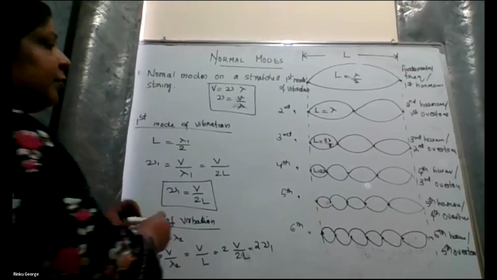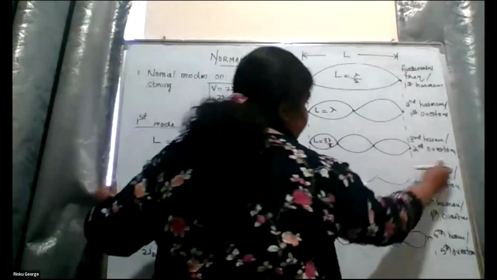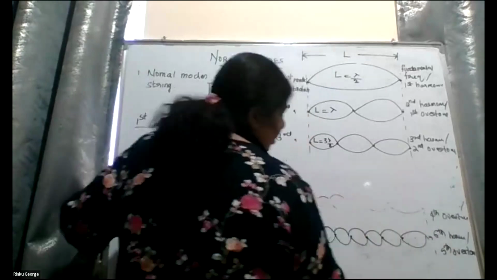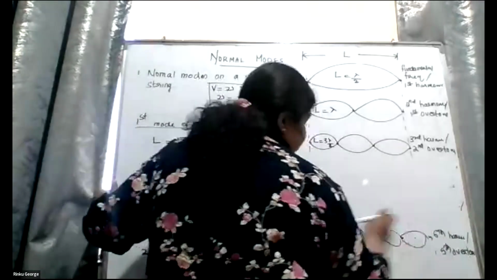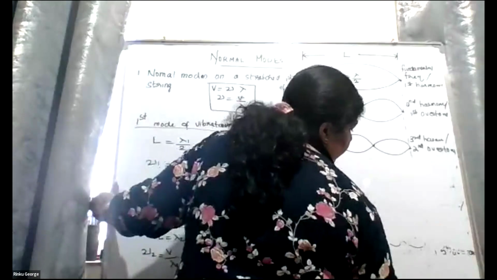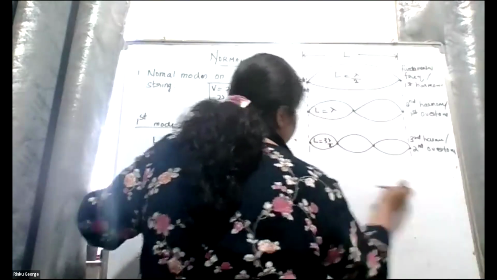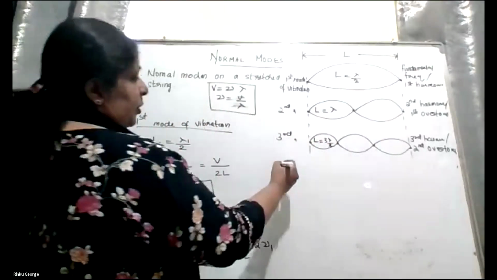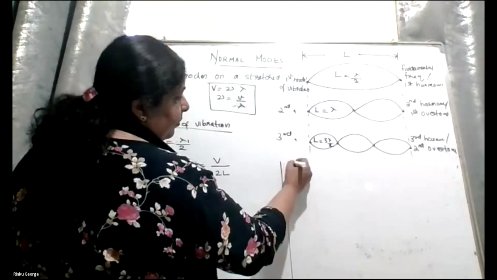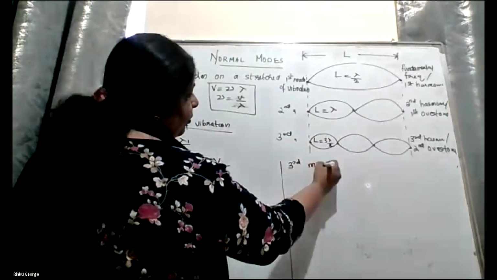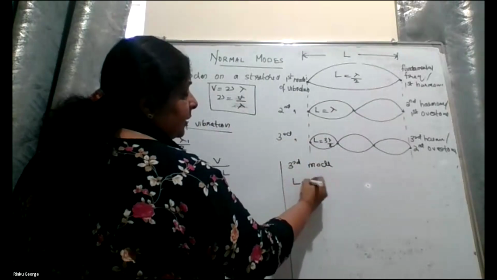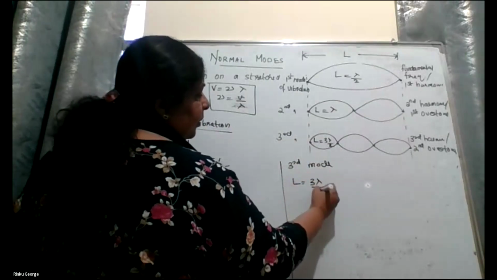Now when you find for third, we will do up to 3. The rest you will be able to do. So third mode. First step, what is L? L is 3 lambda by 2, right?